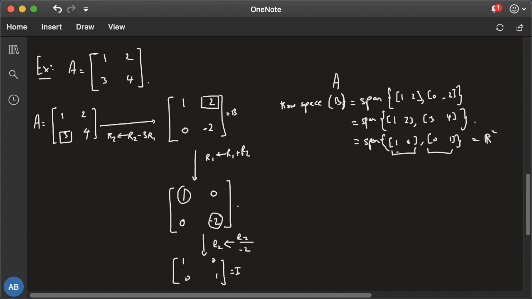We saw that the span of E1, E2, down to En is Rn, and hence for n equal 2 we can say the following. So what is the rank of A or B or I? It is equal to the rank of I, which is 2. There you go. We needed 2 elements to represent the row space of A or B. Rank of A is 2.